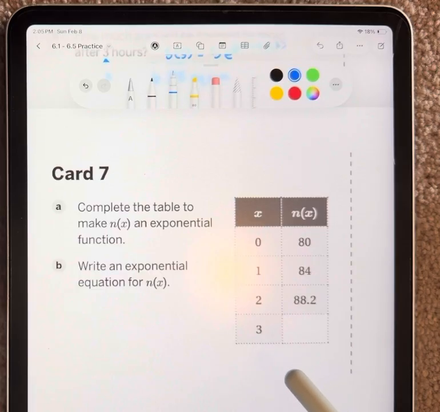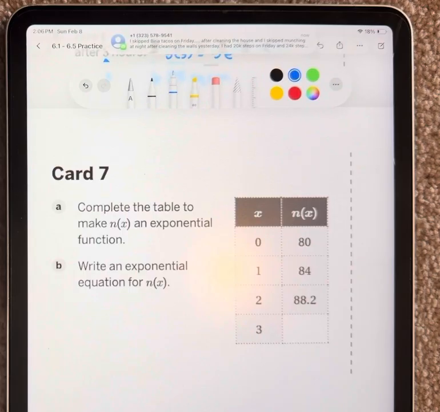It would be better for you to go back to card number 1, rewatch, relearn, come back, try card 7 for yourself. All right? What I will do is give you the answers without explanation, because I don't want to make you guys dependent on my explanations. I want you to be independent.